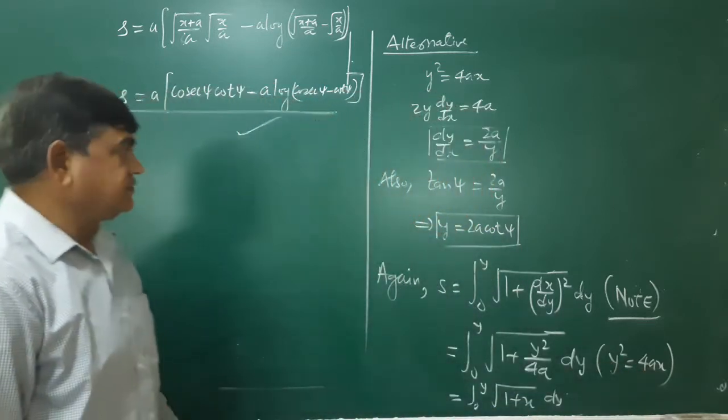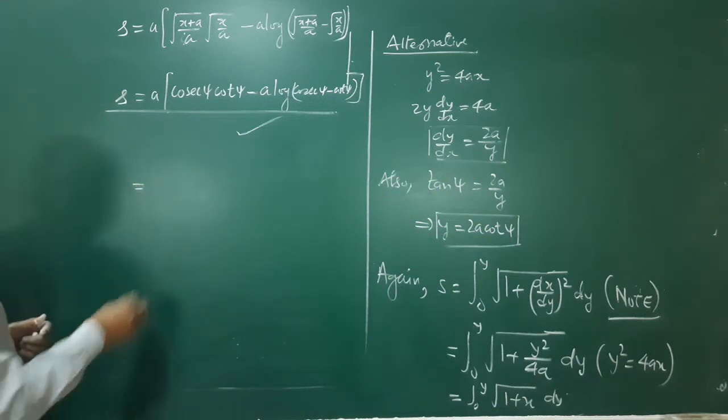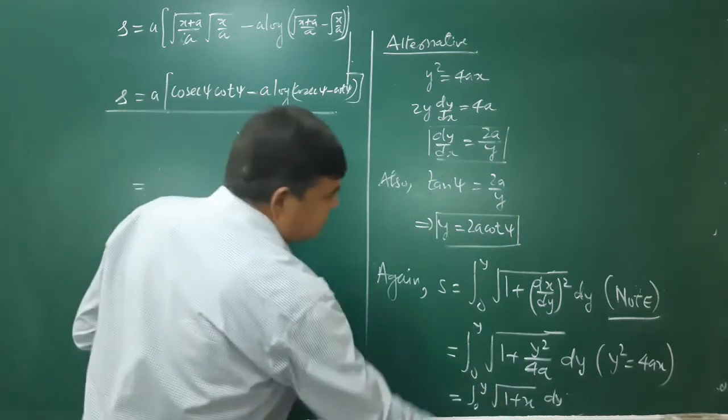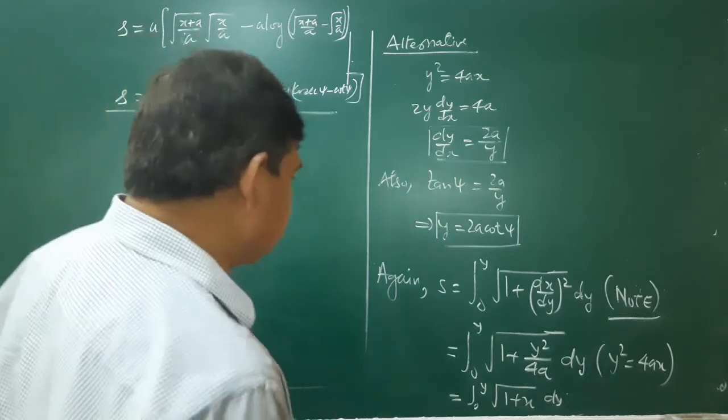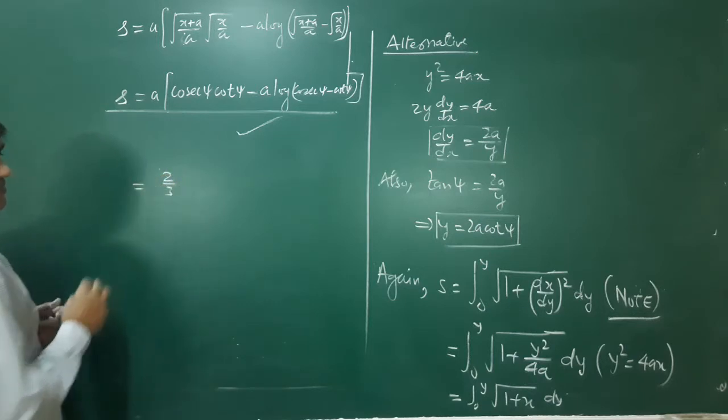You can see this. So this is 0 to y. Now integration of root 1 plus x, so it is 1 plus x to the power half, it is 2 by 3.